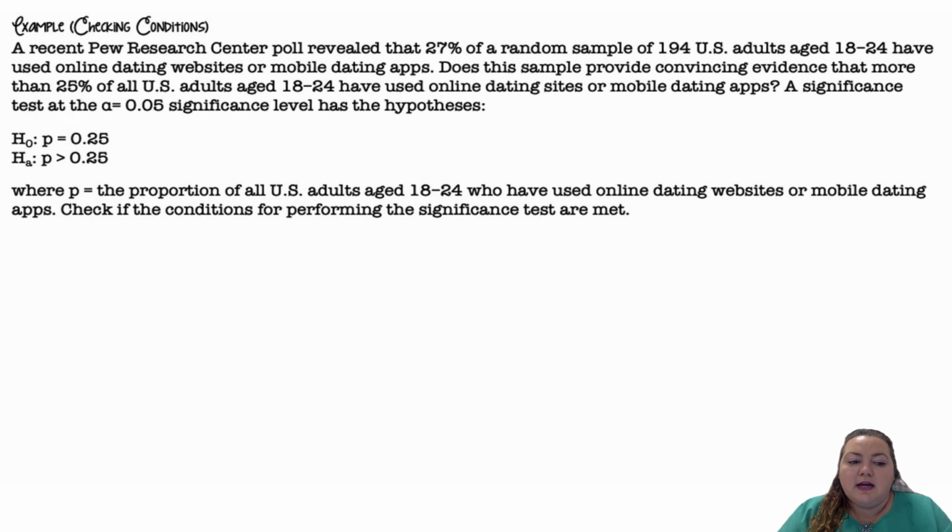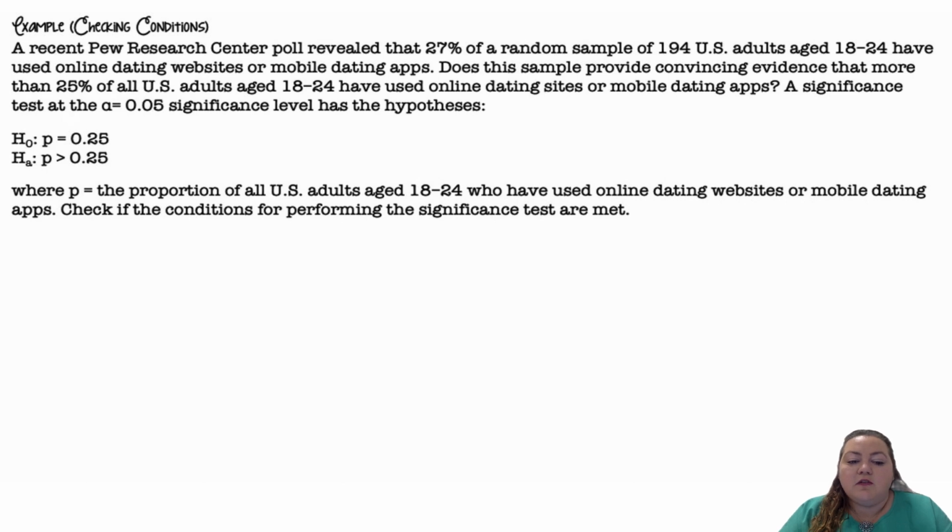A significance test at an alpha of 0.05 significance level has these hypotheses. The null hypothesis, p equals 0.25. The alternative, p is greater than 0.25, where p is the proportion of all U.S. adults aged 18 to 24 who have used online dating websites or mobile dating apps.